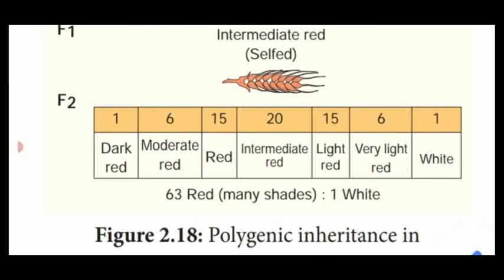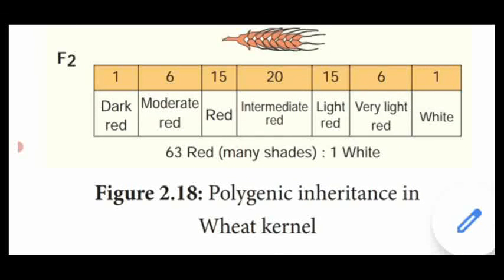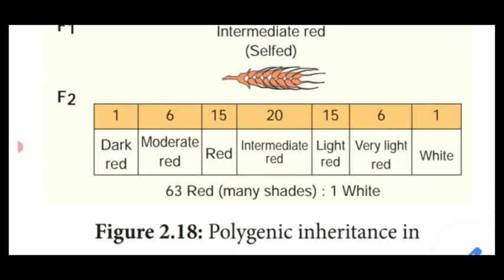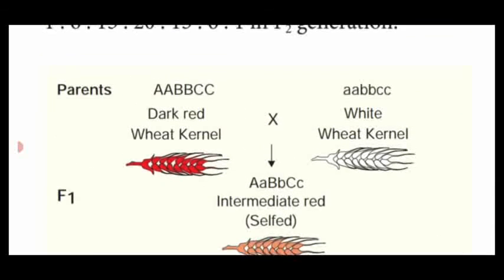They are selfed and give the F2 generation in the ratio of 63 red to 1 white color. See, first dark red number 1, moderate red 6, 15 red color, 20 intermediate red, 15 light red, 6 very light red and 1 white color. So this is another example of polygenic gene interaction determined by 3 genes.